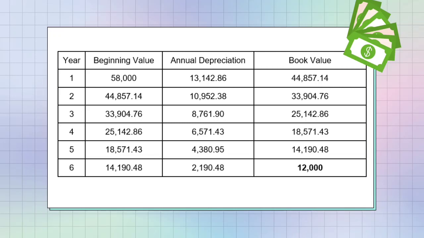The annual depreciation amount is the amount that we get from the calculation for year 1 until year 5. After all the calculation in the table, for year 6, we should get the book value of Rm12,000, which is the salvage value.